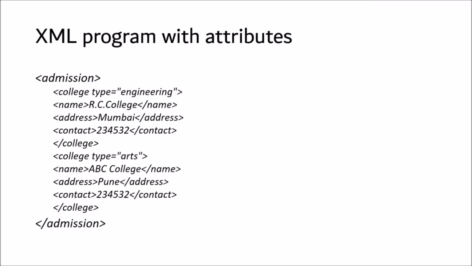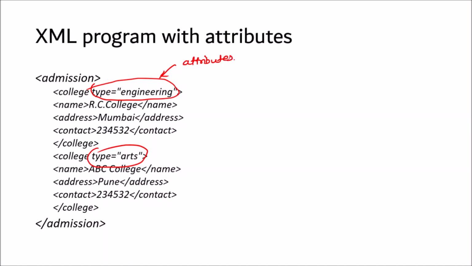Here is an example: admission, then college as the opening tag, and this is the attribute, type. The type is engineering here, and the type is arts here. This is what is called attributes.